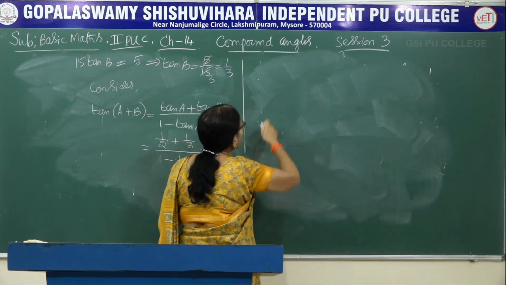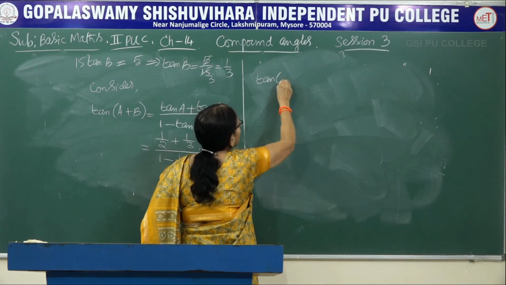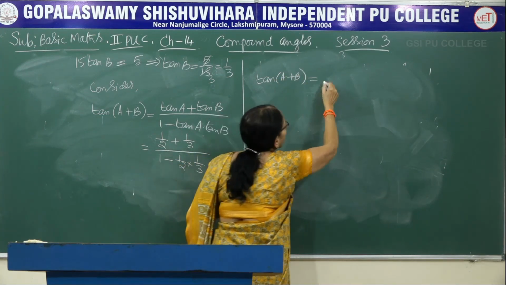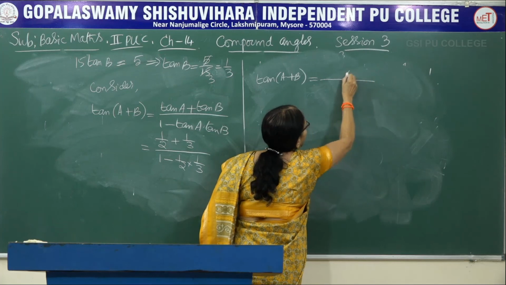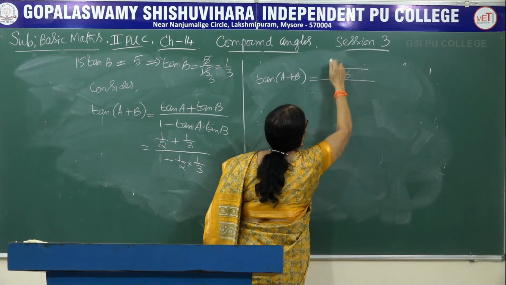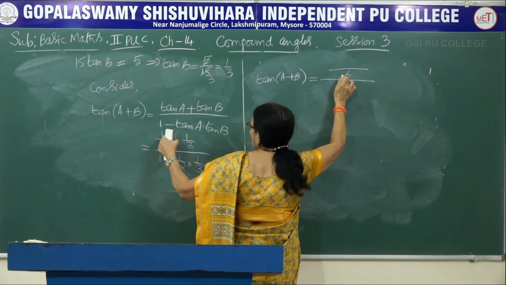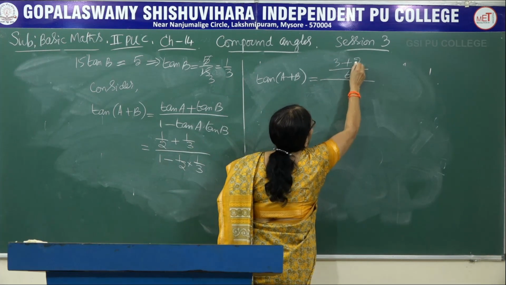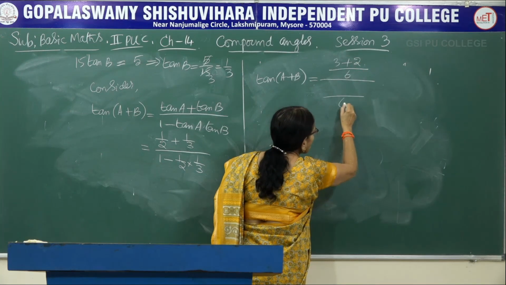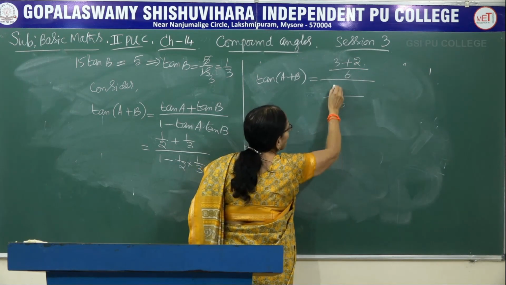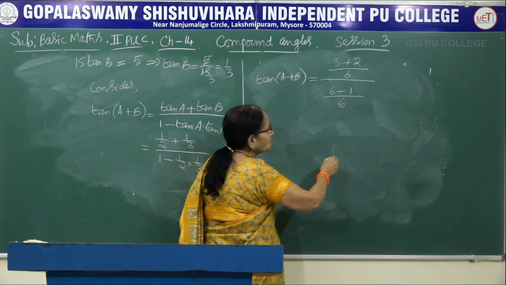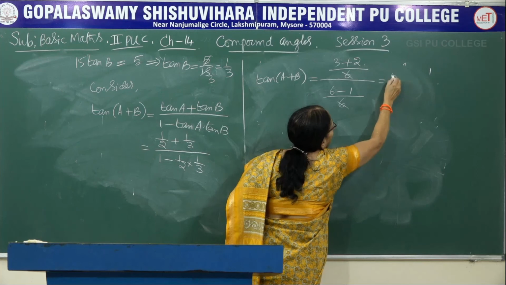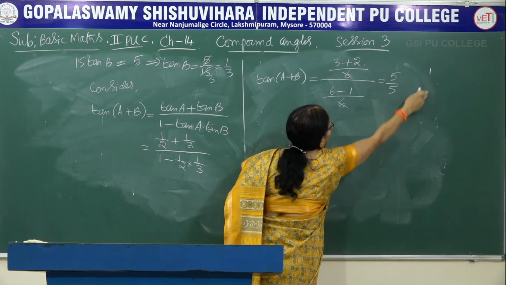Left hand side you write as it is. It is tan of A plus B is equal to, for 2 and 3, what is the LCM? Again 6 is the LCM, 2 3s are 3 into 1 plus 3 2s are 2 into 1. Denominator also 6, 1 6 are 6 into 1 and this is 1. So 6 and 6 they get cancelled, 3 plus 2 is 5, 6 minus 1 is 5.